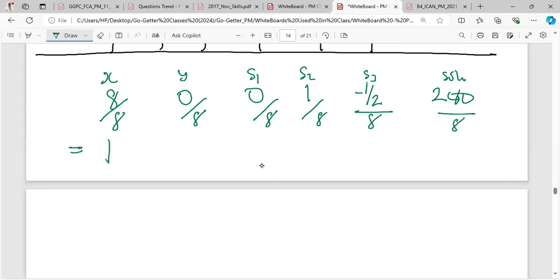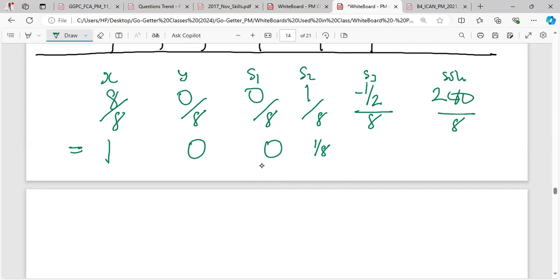Here will give me 1, here will give me 0, here will give me 0, here will give me 1 over 8, 1 over 2 times 1 over 8.